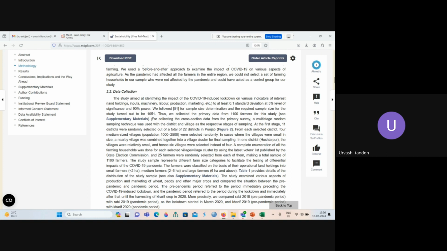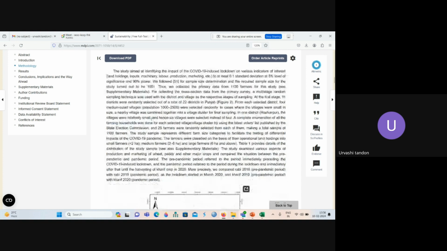For collecting the cross section data from the primary, a multi-stage random sampling technique was used with the district and villages as the respective stages of the sampling. Now, at first stage, 11 districts were randomly selected. सबसे पहले, this is your random sampling, out of 22 districts in Punjab.